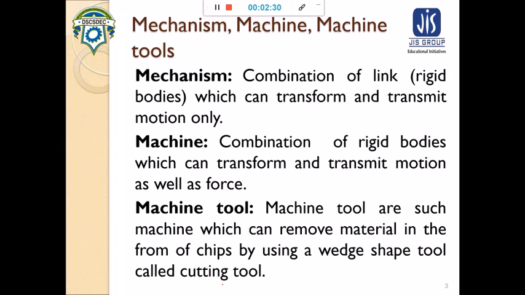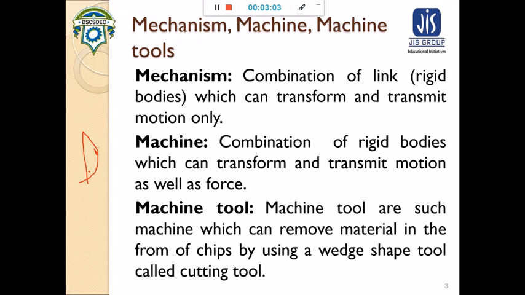A rigid body is a body in which two random points, if this is point 1 and this is point 2, do not have any relative motion. That body is known as a rigid body. That means this point and this point will not have any relative motion between them. So this is the concept of a rigid body.